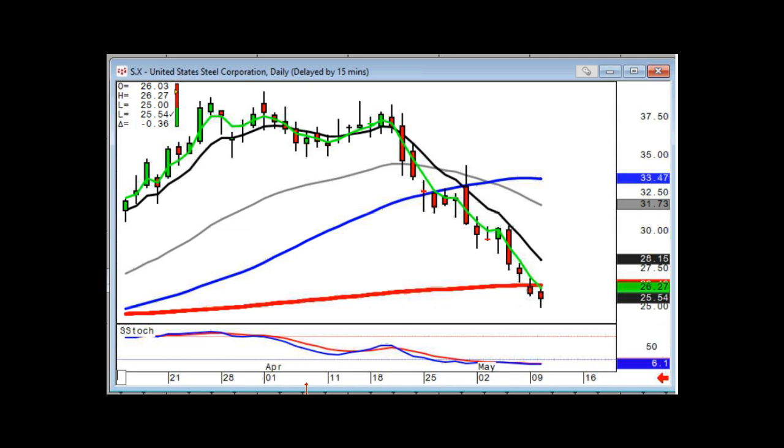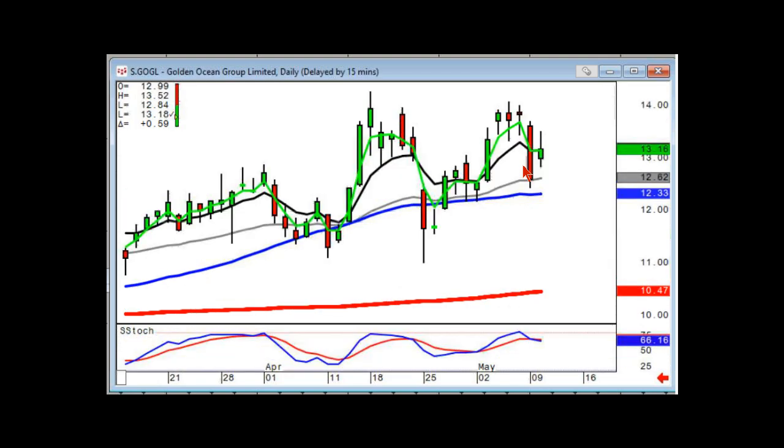U.S. Steel, stay short. Golden, that's a junky chart. I would probably not be long or short this one. We don't know which way this one's planning on going.